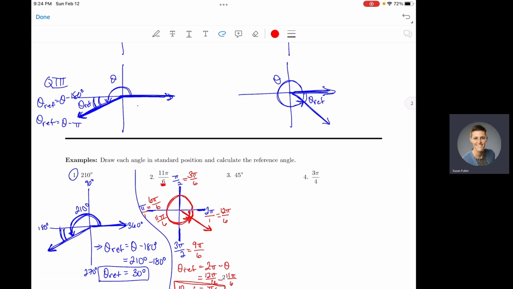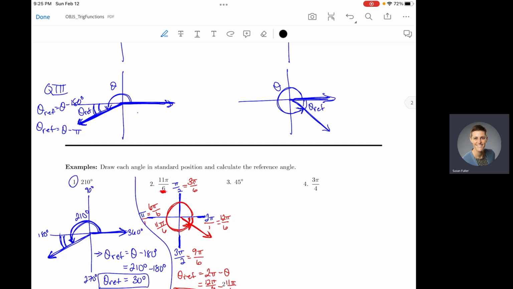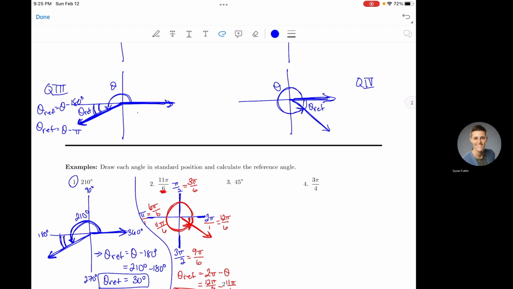And similarly, any angle in quadrant 4 is going to act this way. So if I come back up here in quadrant 4, to calculate your reference angle, we're going to have to figure out how far short of a whole circle we are.